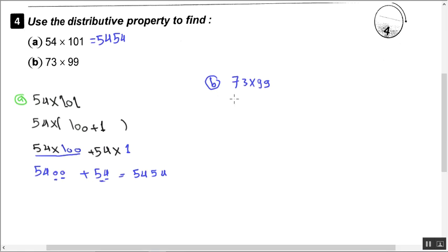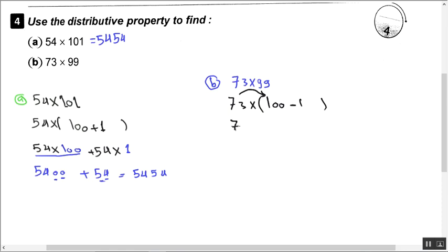Question number B, he said 73 times 99. Here we can write 73 times 99. We can write it as 100 minus 1, because 100 minus 1 also is 99. After that we make times.